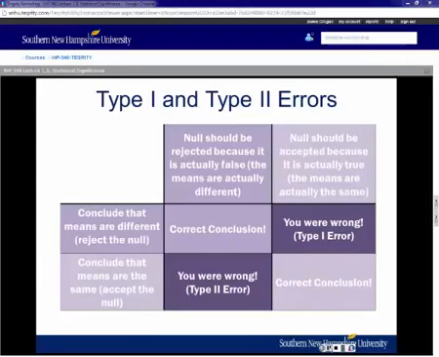And so there's still this type 1 error or a type 2 error. If we conclude the treatment had an effect, we risk making a type 1 error. On the other hand, if we conclude that the treatment did not have an effect, we risk making a type 2 error. We could be wrong about that too.